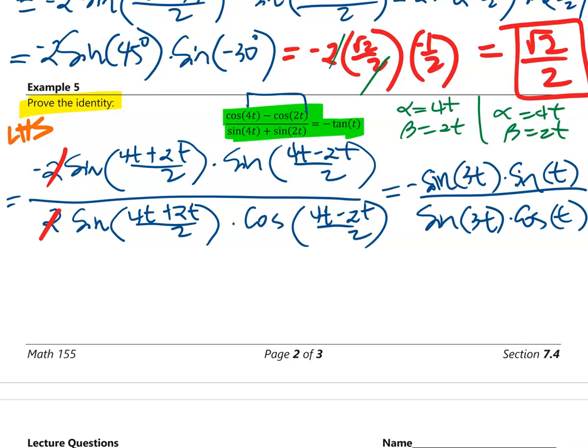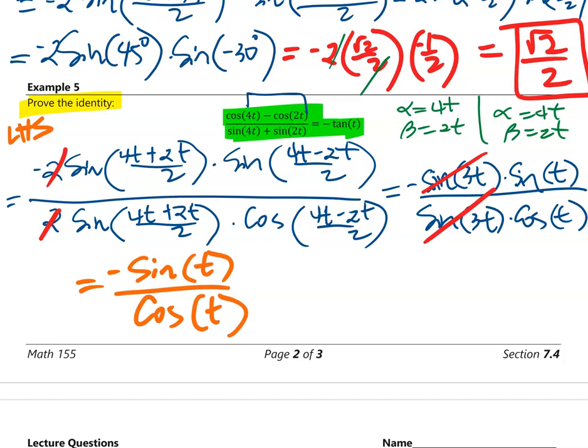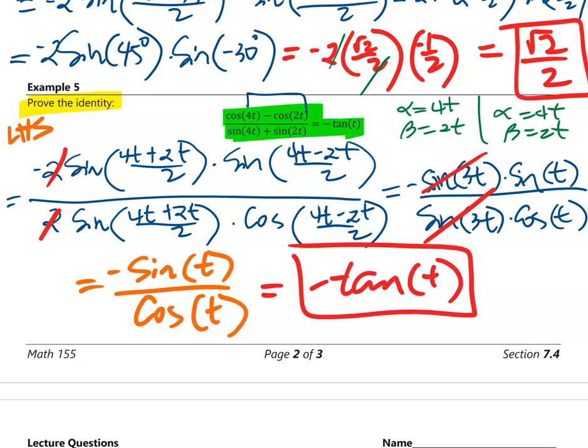And now sine 3t over sine 3t is equal to 1. So we have here negative sine t over cosine t, and sine over cosine is, yes, tangent. Don't forget the negative. So this is negative tangent of t, which is equal to the right hand side.